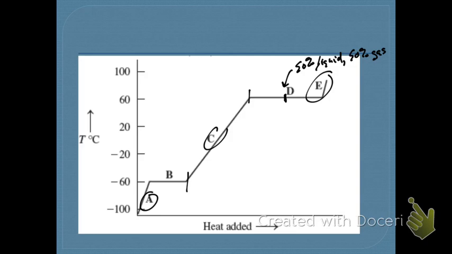You could ask, what is the melting point of this substance? The melting is occurring here, right? If we label this solid, this liquid, this gas, the melting point is right here at negative 60 degrees Celsius. And what is the boiling point? The boiling point will be 60 degrees Celsius right here.